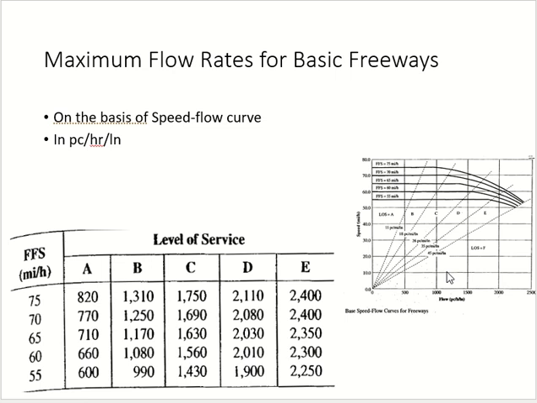If you are in front of the intersection point, your level of service is not A, right? For A, your flow rate should be less. Clear? Okay.